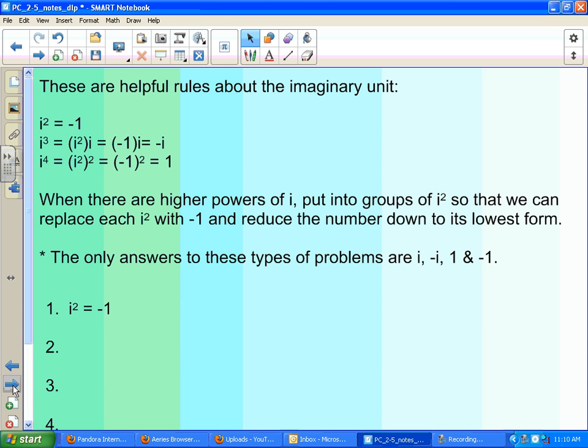And i to the fourth is i squared squared. There's our power property of exponents. If i squared is negative 1 and we square it, we get 1. So now you can use these rules, i squared, i cubed, i to the fourth, to help me simplify answers when I have i to a higher power.